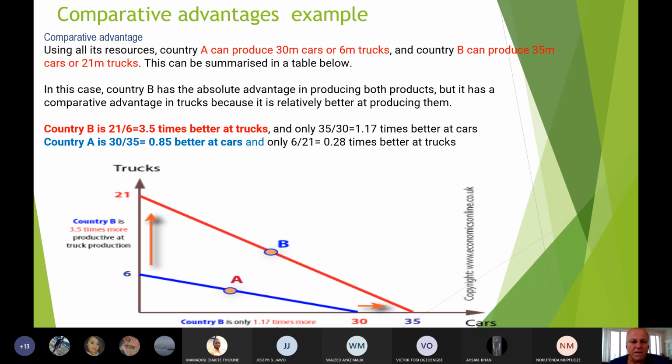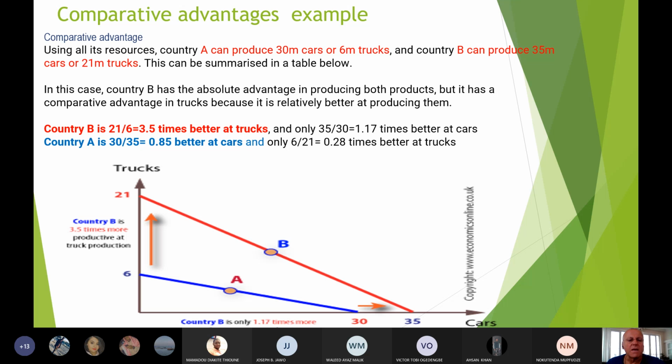And country A, dividing 30 by 35, is 0.85 as good at car production. You are observing for country B, and only 6 over 21, sorry, makes 0.28 times as good at trucks. This means country A should become the trade partner in car production because its comparative advantage is higher, since we concentrate on that product.